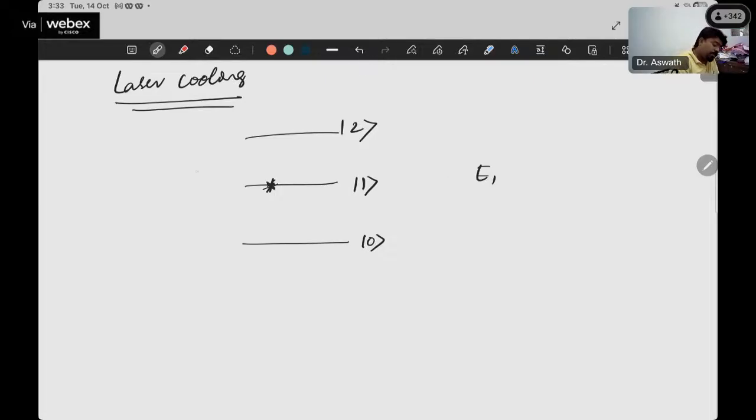Now I send a photon which matches the transition between 1 and 2. Now the electron gets excited and stays there. And after some time, instead of coming back to 1, they go down all the way to a lower value and they emit photons.